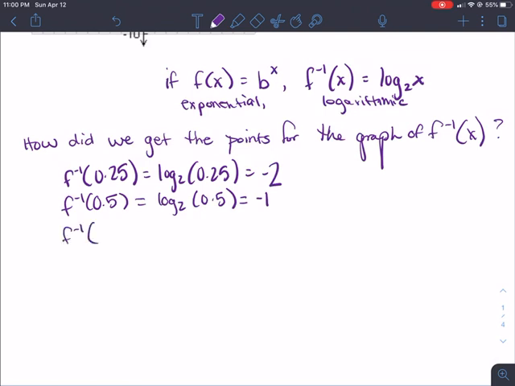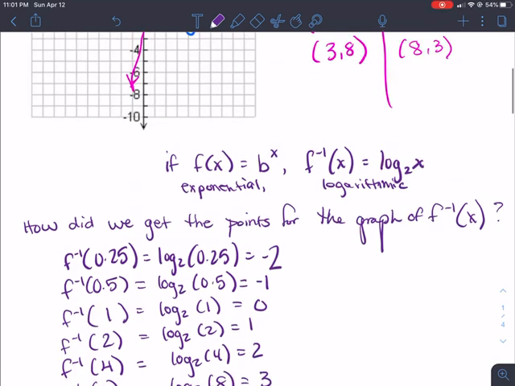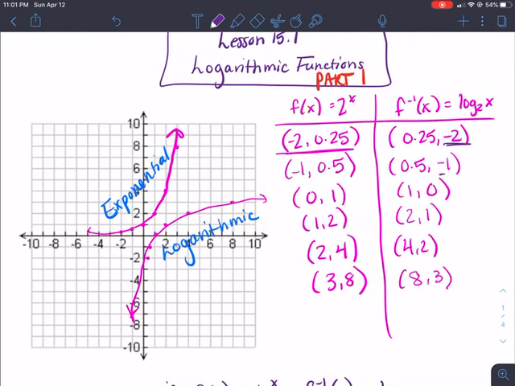The inverse of 1 is log base 2 of 1, which gives you a value of 0. The inverse of 2 gives you a value of 1. The inverse of 4 gives you a value of 2. And the inverse of 8 is 3. Okay, so these values are what I used up here. Okay, that's this, this, this, and this.